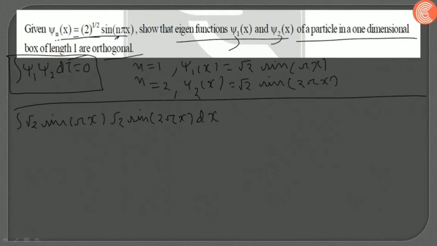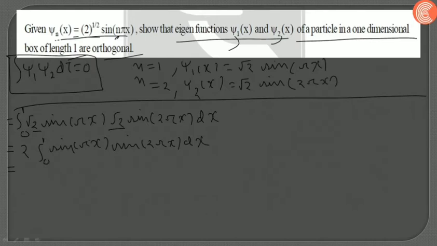Since it is a one dimensional box of length 1, we put the limits from 0 to 1. The root 2 and root 2 multiply to give 2, which we take out of the integral, leaving the integral of sine pi x times sine 2 pi x dx.